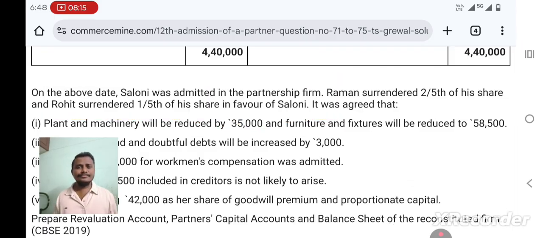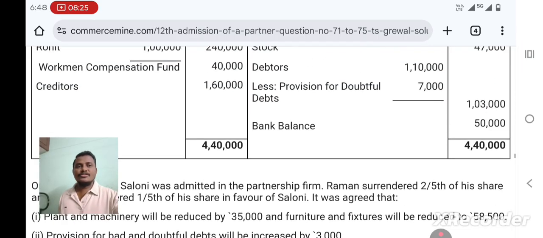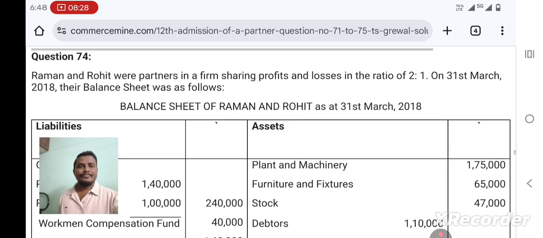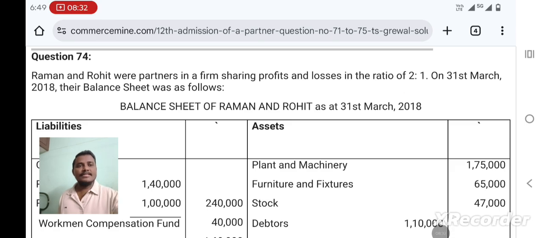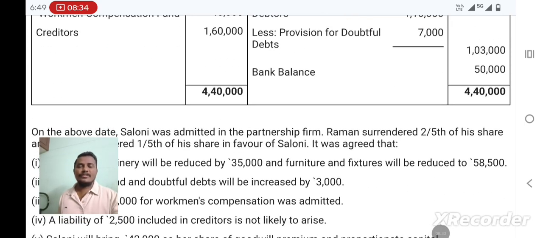Raman surrendered 2/5 of his share, which means what? Raman's share is 2/3, and he is surrendering 2/5. So 2/3 into 2/5 gives you 4/15.